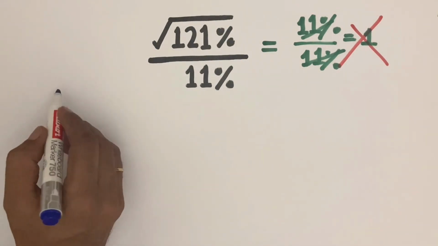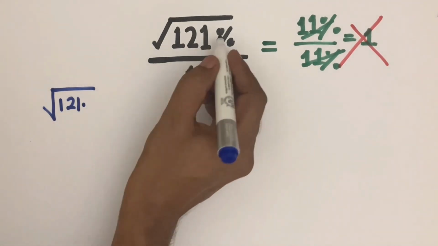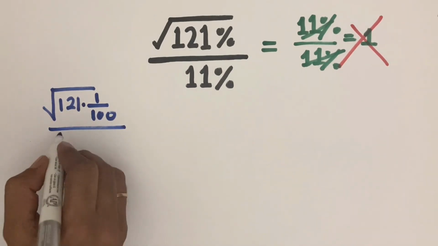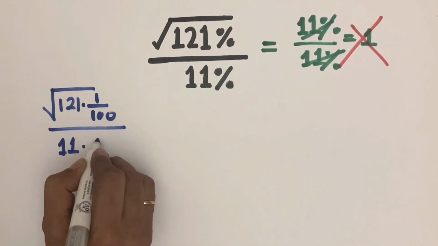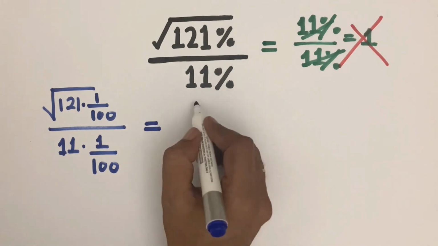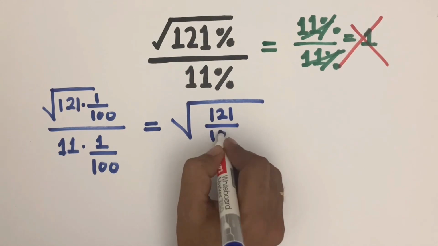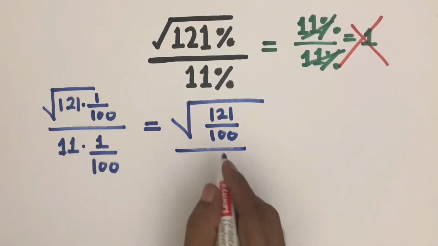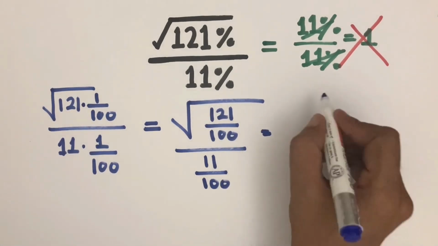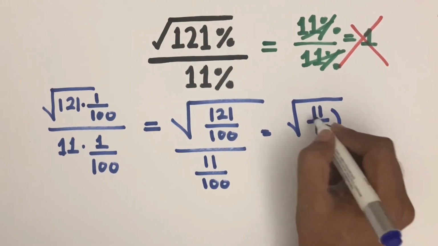So this can be written as square root of 121 multiplied by percentage, which is 1 divided by 100, divided by 11 multiplied by 1 divided by 100, which is equal to square root of 121 divided by 100 divided by 11 divided by 100, which is equal to square root of 11 divided by 10.